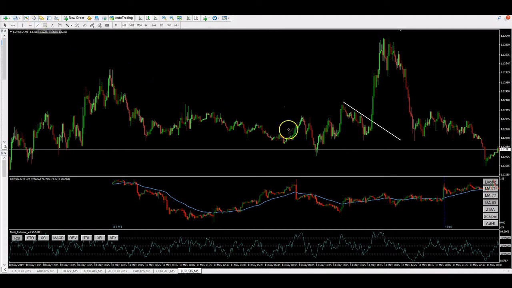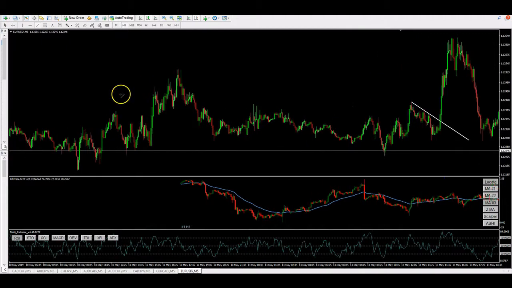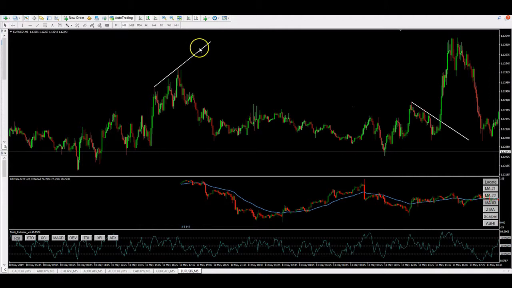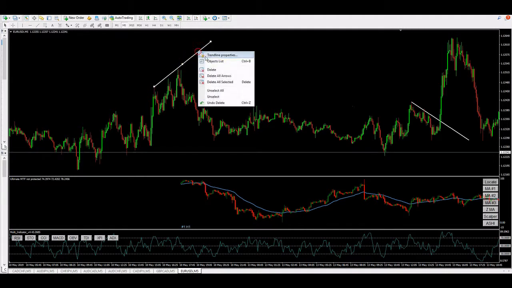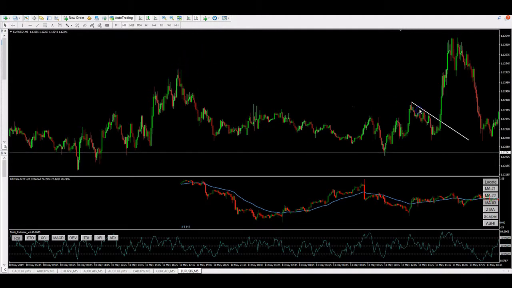I do not trade breakouts of trend lines. Personally, this is just my rule. I do not trade bullish breakouts of ascending lines. Just a personal rule that I have. Do they work? Absolutely they work in some cases. They don't work for me in the way I like to trade.